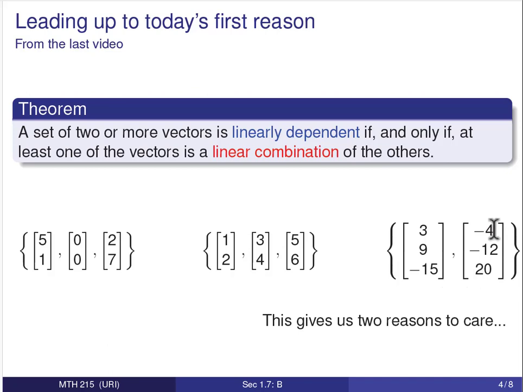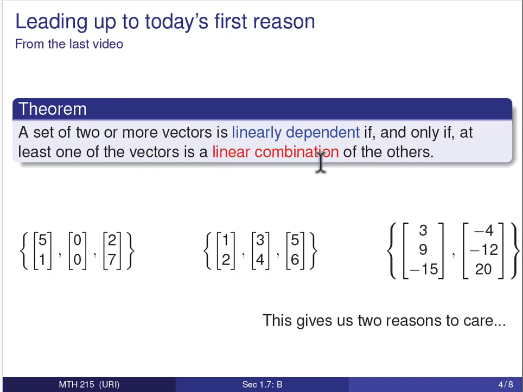And (-4, -12, 20) is just -4/3 times the first vector, so it is a linear combination of the previous vector.